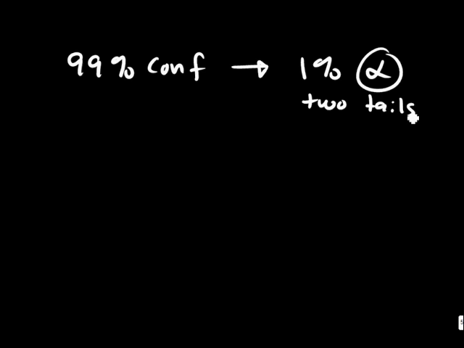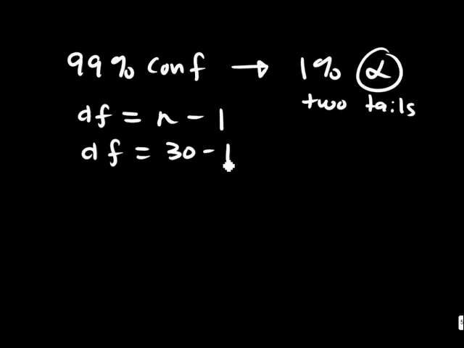So using the t table, we also need a degree of freedom. Degree of freedom is n minus 1. Our degree of freedom will be 30 minus 1, which is 29.